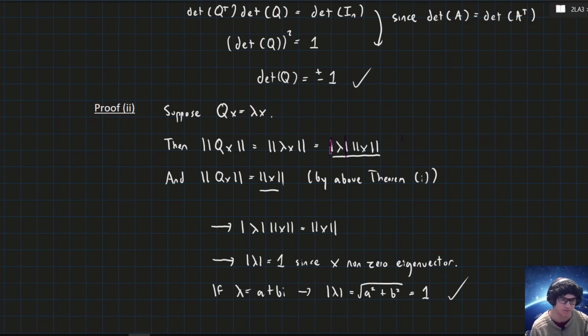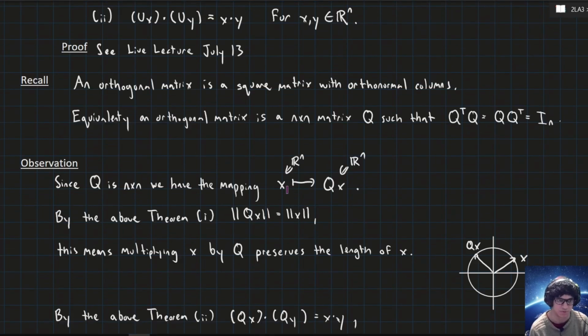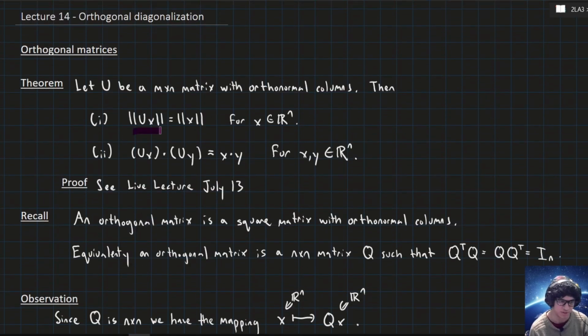So here's an expression for the length of Q times x. Well, here's another expression for the length of Q times x. It's just the length of x, right? Remember the first theorem we talked about?